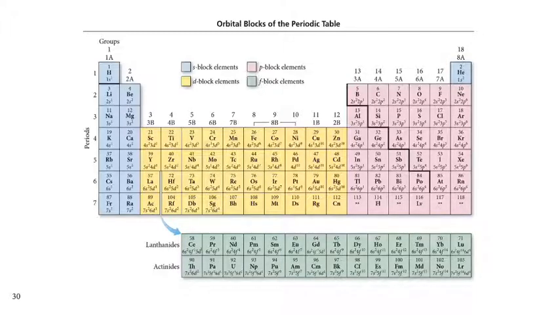How many people can stay in the D room in the quantum hotel? 10. 1, 2, 3, 4, 5, 6, 7, 8, 9, 10. 10. How many in the F? 14. If you count those, there's 14.